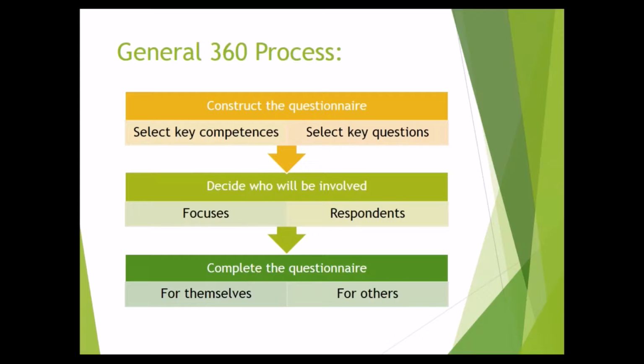Sometimes managers like to decide for their employees who they want to fill in the 360 for them, whereas other times it's up to the focus to decide who they want to give it to find out feedback from. So that's the development operationalizing stage.